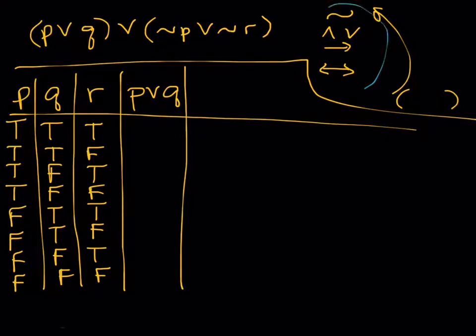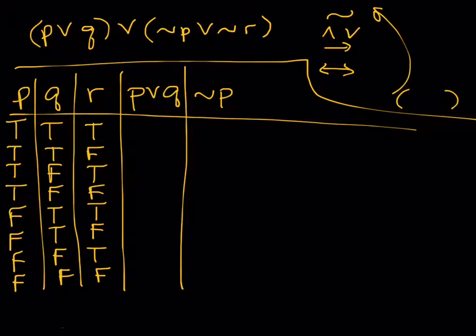So you would start all over with this hierarchy again within the parentheses. Just like if you had an order of operations problem with a problem in parentheses, you would go order of operations within the parentheses again. So for this one I would start again and I would do negations first. So I see a negation of P, and negations just negate the things that are immediately after them.